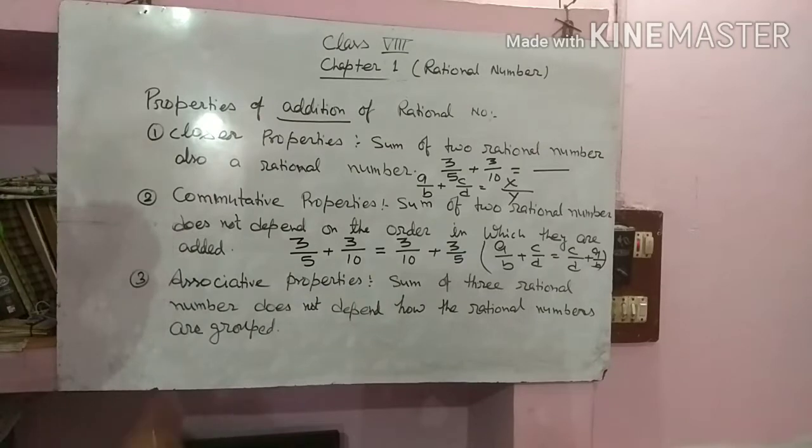The next one is the associative property. The sum of three rational numbers doesn't depend on how the rational numbers are grouped.